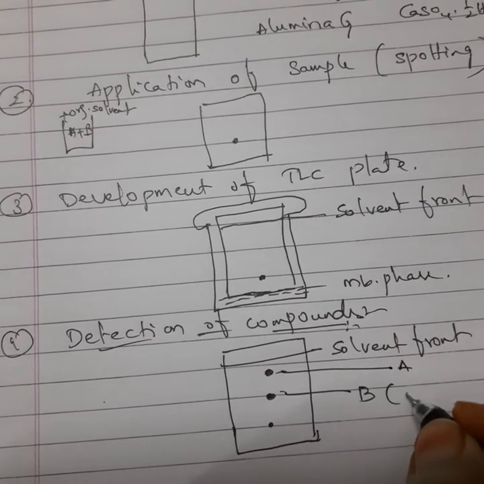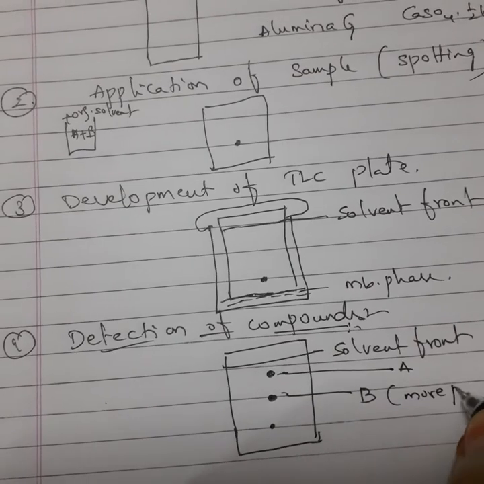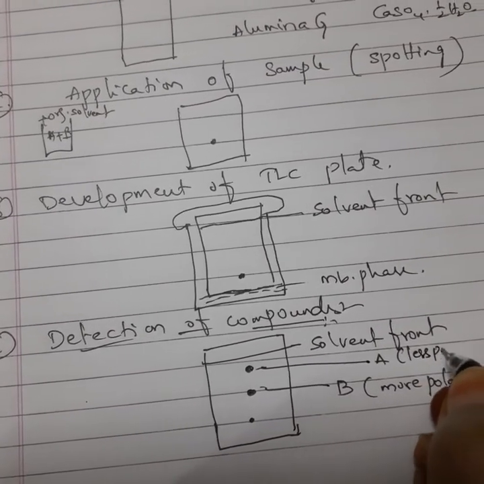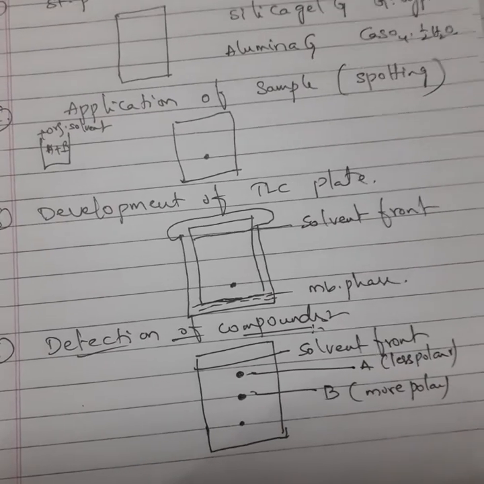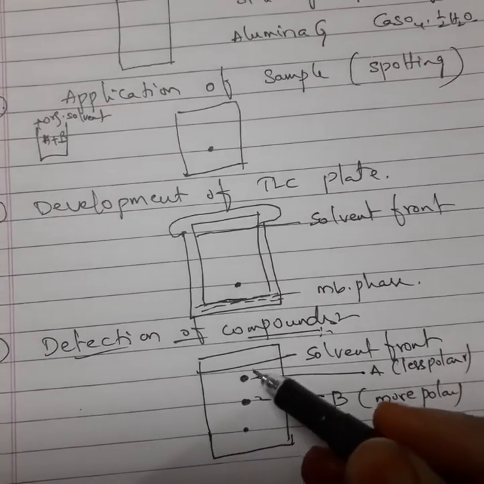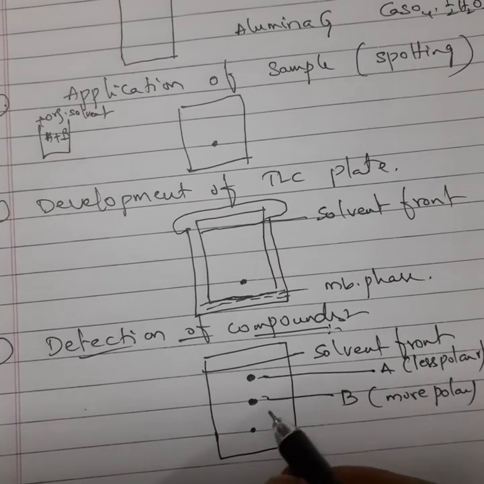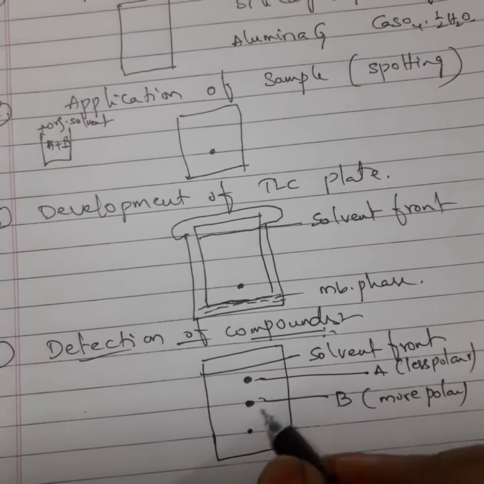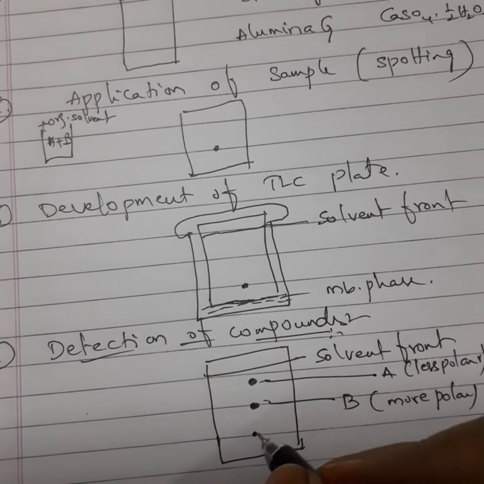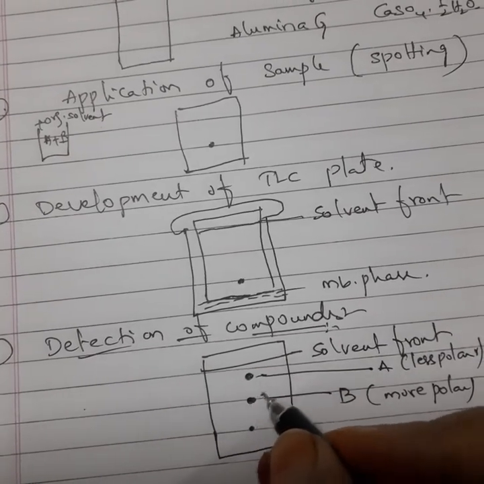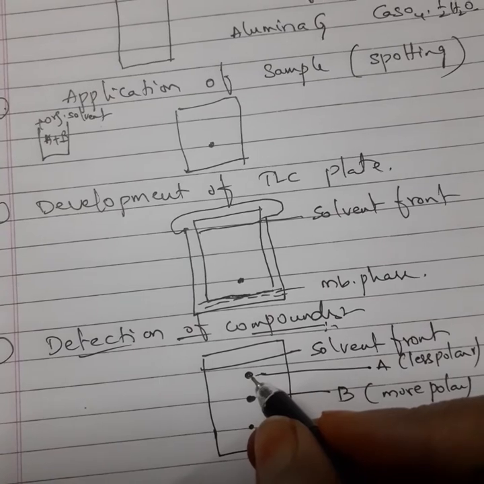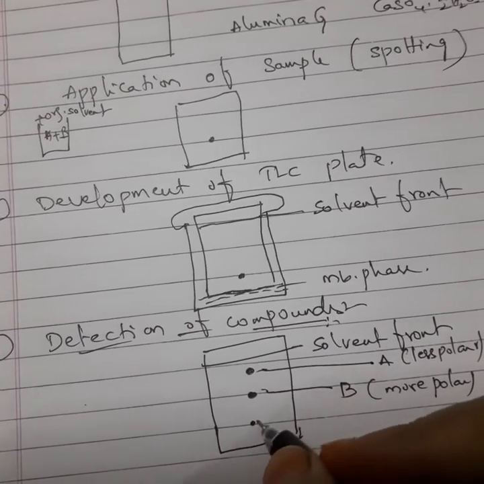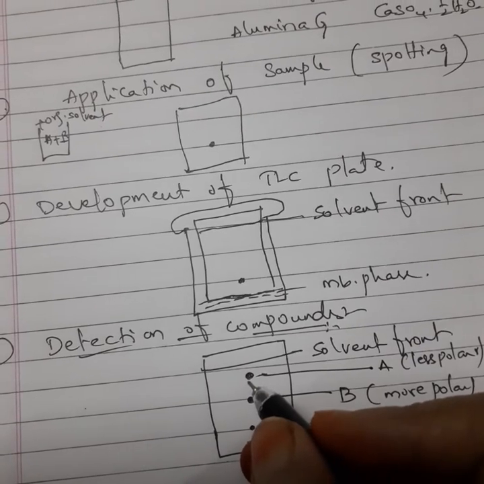A. B is more polar, so that's why it travels slowly, and A is less polar, that's why it travels quickly along with the mobile phase. Because B is more polar, it is more adsorbed to the stationary phase, so it will move up slowly, whereas A is less polar, which has less adsorption towards the stationary phase, so it will move up quickly.